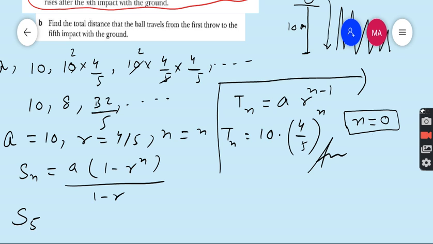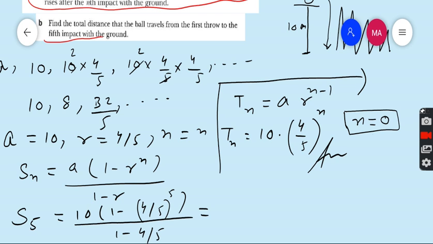They need the total distance through the fifth impact. So S5 equals a, which is 10, times 1 minus (4/5)^5, upon 1 minus 4/5. The answer is 33.616.